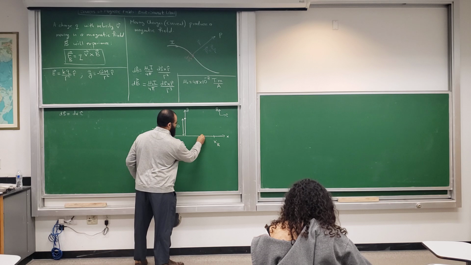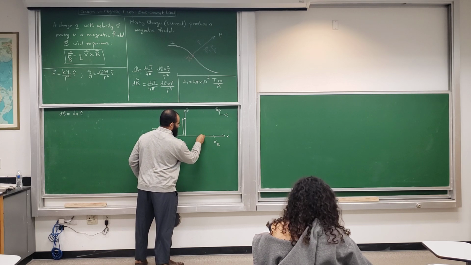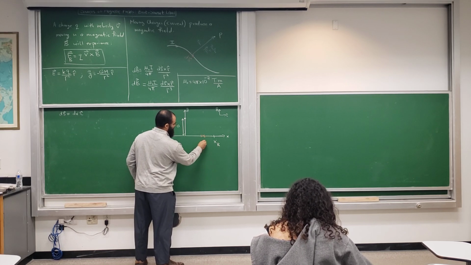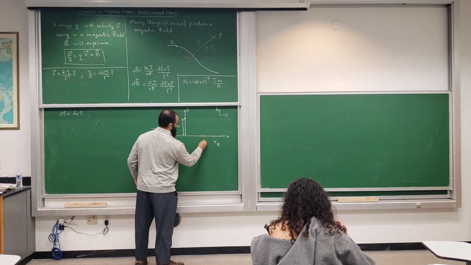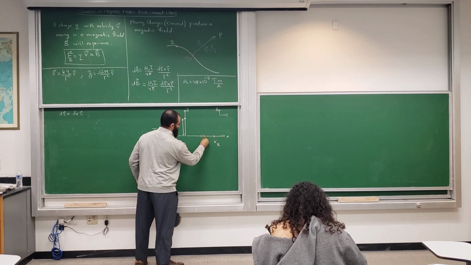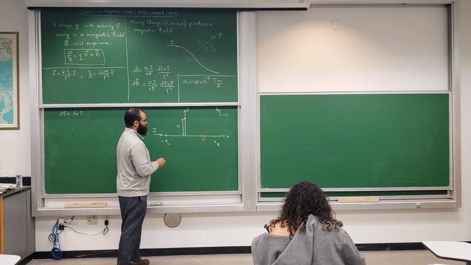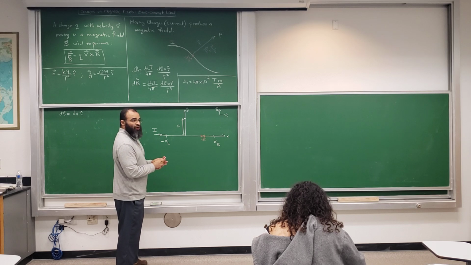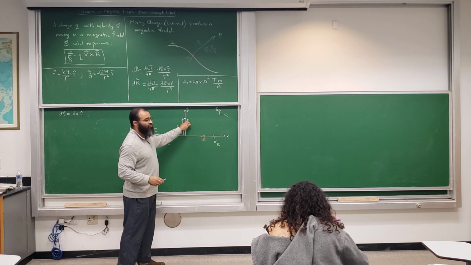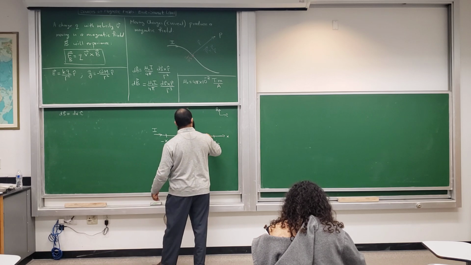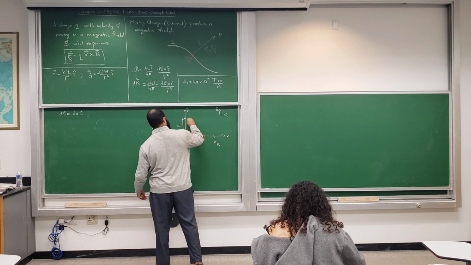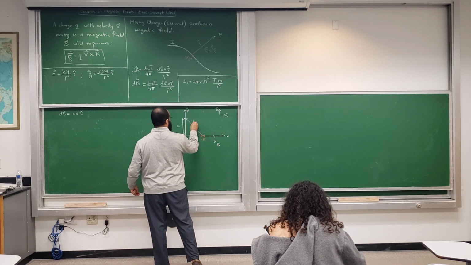Let's draw a little segment, ds. Next, draw a vector from ds to the point where you want to find the magnetic field. That vector will point this way. That's the vector r.